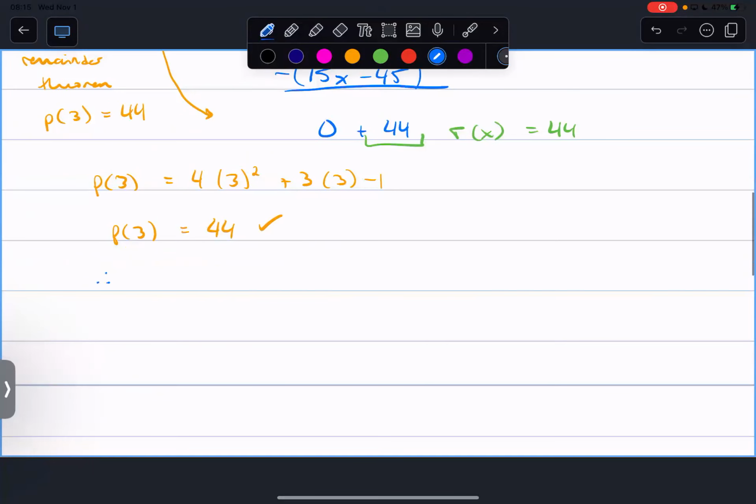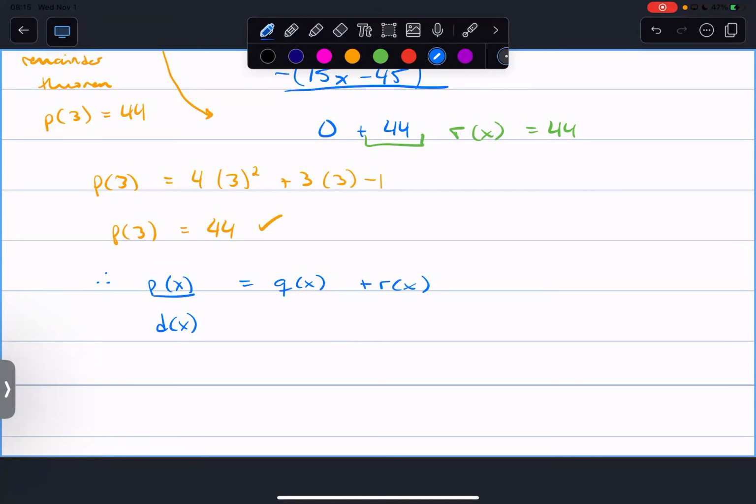Therefore, p of x divided by d of x is q of x plus r of x. Good.